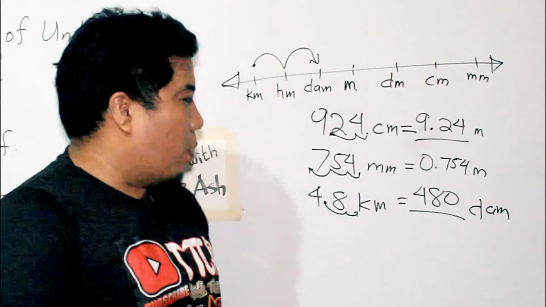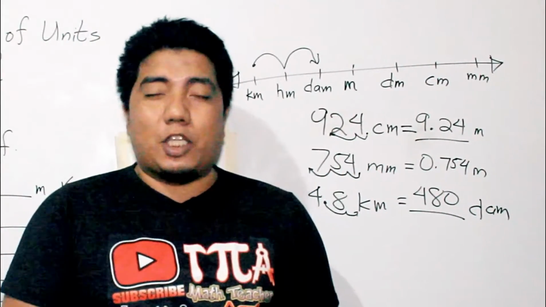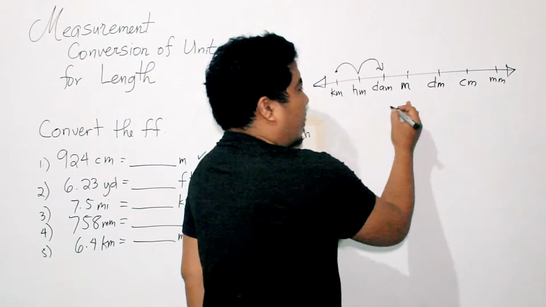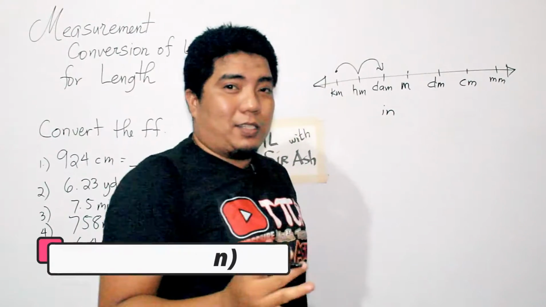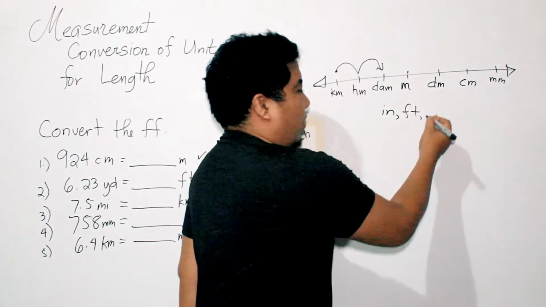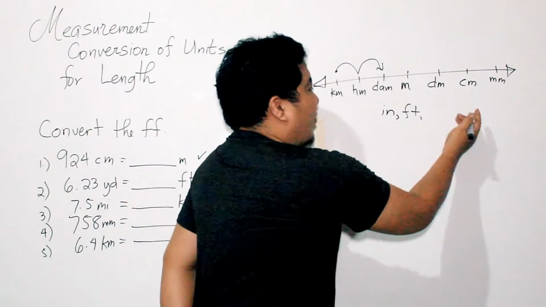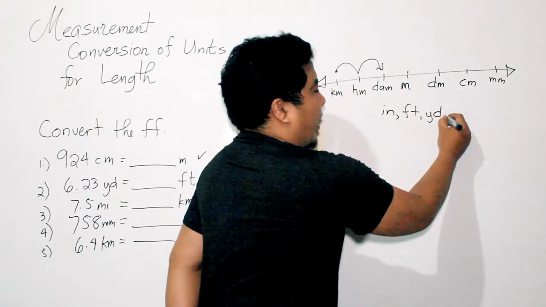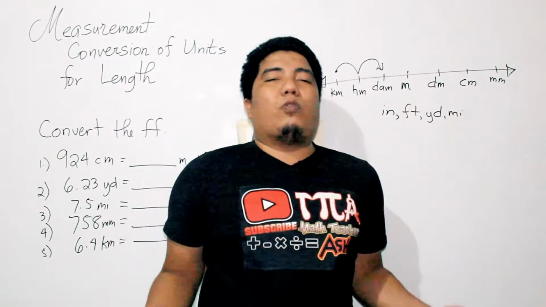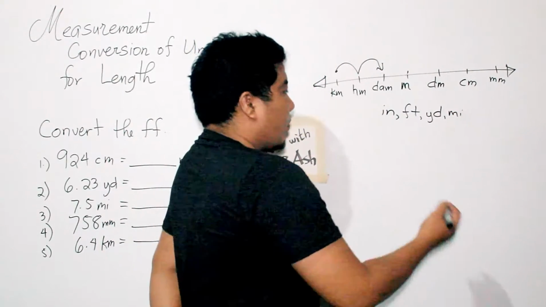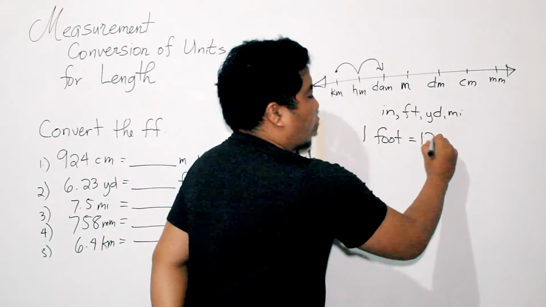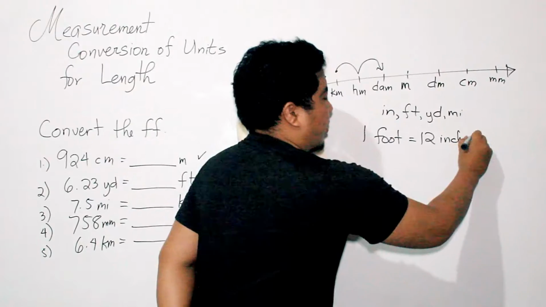Now, let's consider the English system. For the English system, the standard unit for length is inches, followed by feet, or foot if it is only one, then yard, and then miles. So, what is the conversion between these? If you have 1 foot, that is 12 inches.